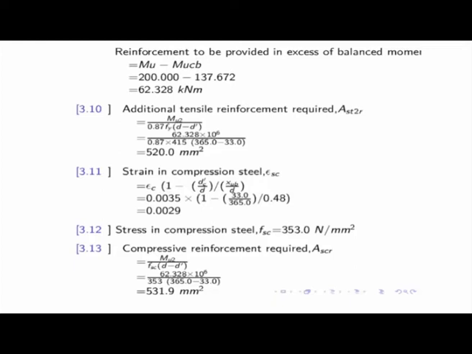So 113 into 5 comes as 565 square millimeter, which is very close to 532. So this way we do it. It means the designer is, no doubt, concerned with safety, but at the same time equally concerned with economy, and he may pay for five 12 millimeter bars in this case, so that he comes very close to that.